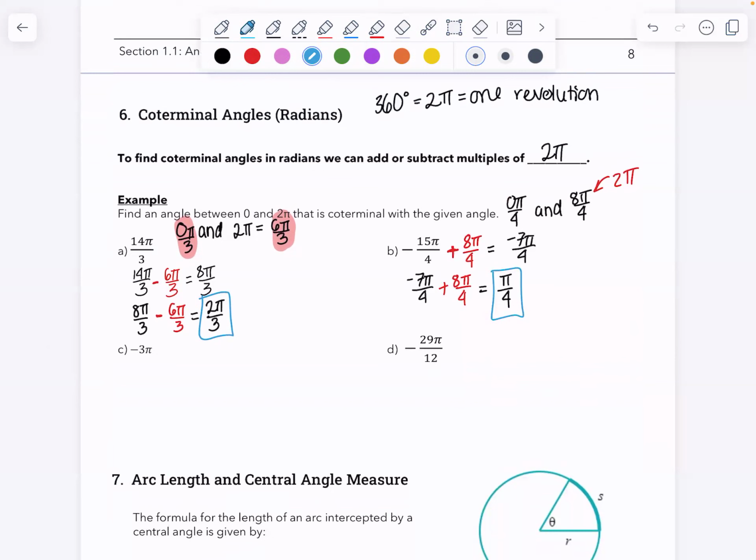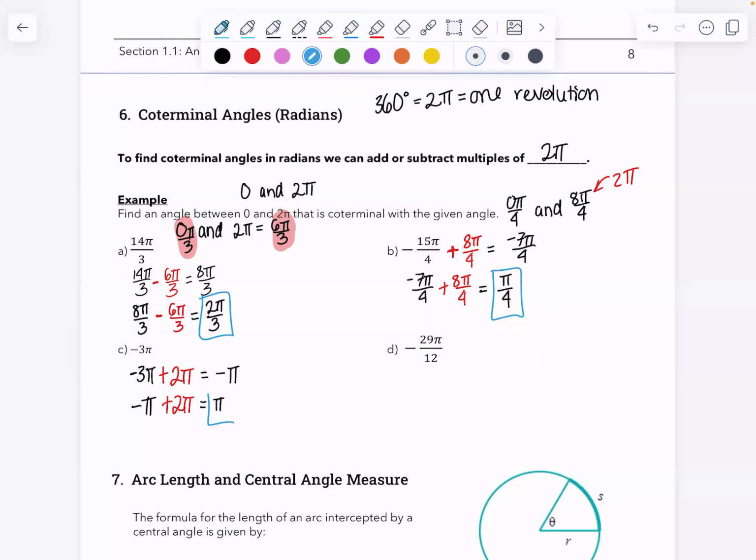Now, C doesn't have a denominator, and that actually makes it way easier. Negative 3 pi is clearly not between 0 and 2 pi, but if you just add 2 pi, it adds nicely. Now you're at negative pi, which is not between 0 and 2 pi. So take negative pi, add another 2 pi, and you get pi.